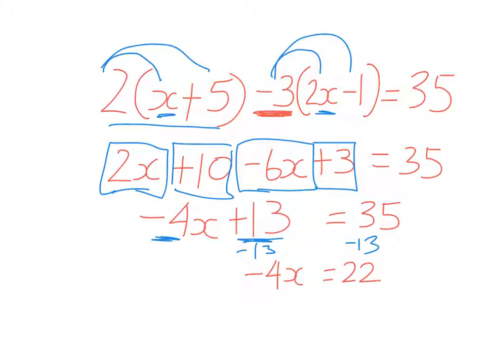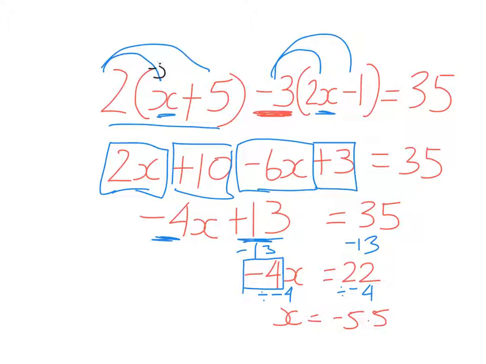And then I want to get x by itself. So I don't divide by 4 because x has been times by negative 4. So I need to divide each side by negative 4. So x is 22 divided by negative 4, which is negative 5.5. So note that our solution neither has to be positive nor does it have to be a whole number.